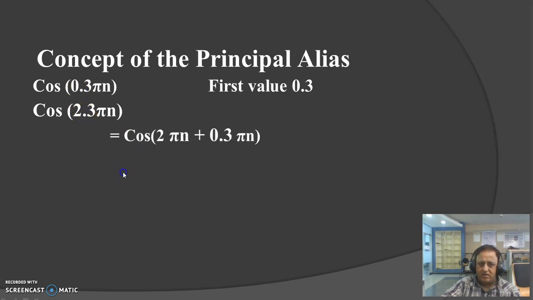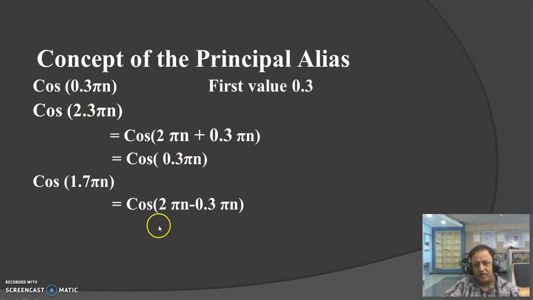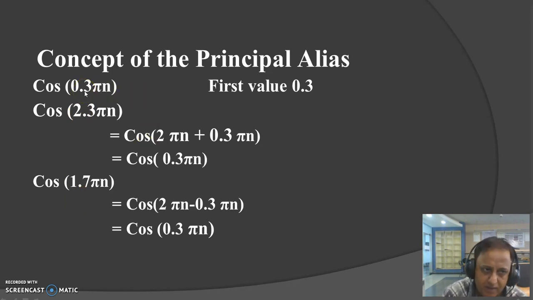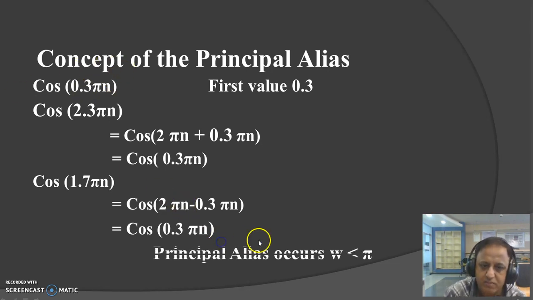A similar thing occurs, you see, it's an alias. Now, a similar thing occurs for 1.7 pi, and you get 2 pi n minus 0.3 pi n, which is also the same cos. So for one principal alias, you have so many different aliasing possibilities. The first one here, 0.3 pi n, is called the principal alias, because this principal alias will always occur with omega less than pi.